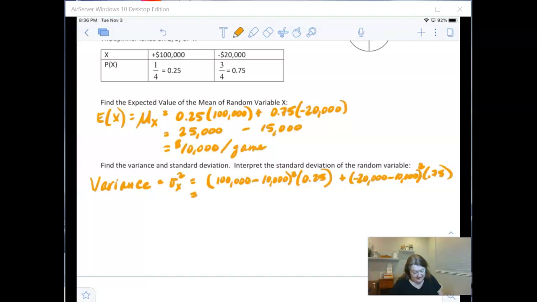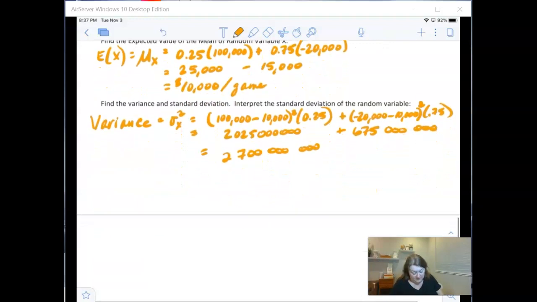And so if I do that, this will end up being 90,000 squared, and then times the weight, it ends up being 2025 million. Okay, and then the other one ends up being plus 675 million, for a grand total of 2,700,000,000 as our variance.